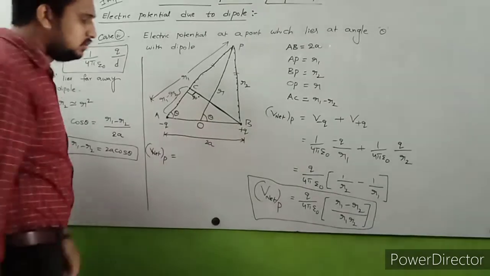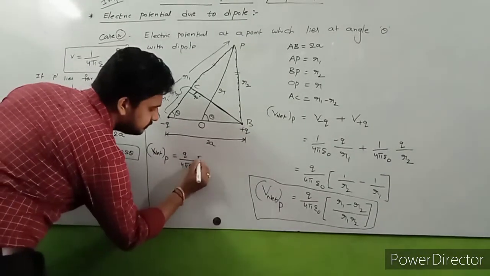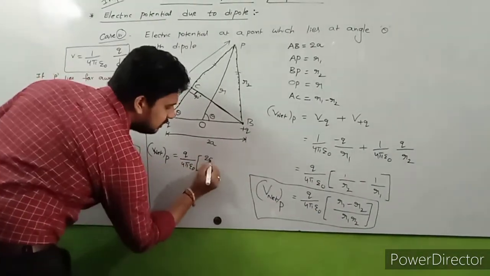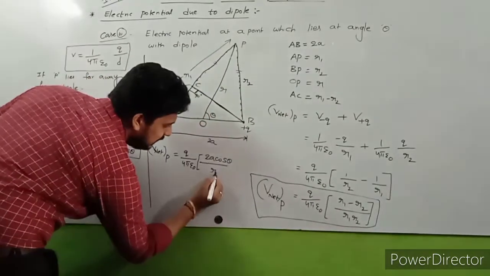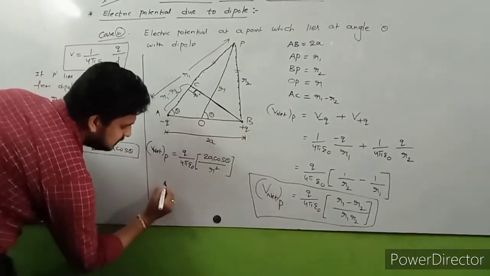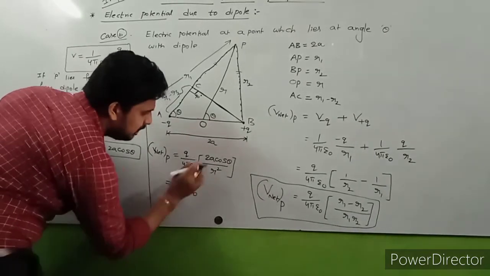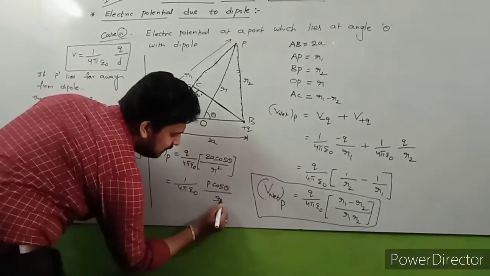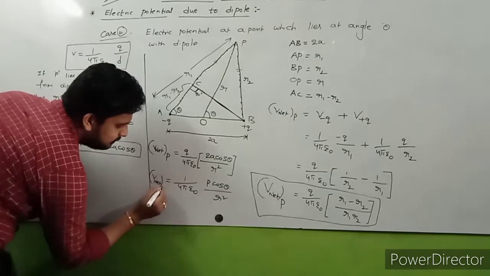V net at P is equal to Q by 4 pi epsilon naught into 2A cos theta, and R1 into R2 is nearly R square. So we got the standard formula: 1 by 4 pi epsilon naught, 2A into Q is nothing but P, so P cos theta by R square. This is V net at P.